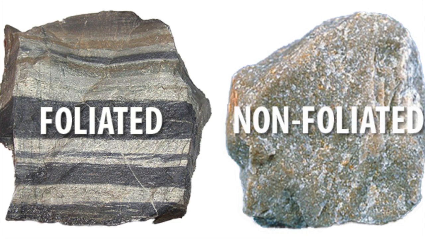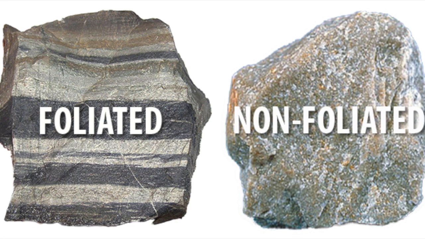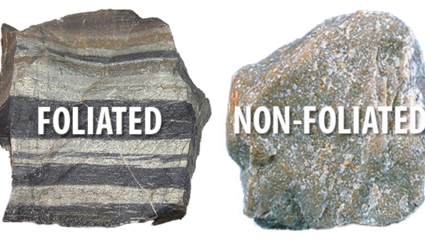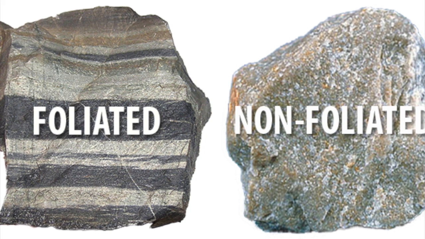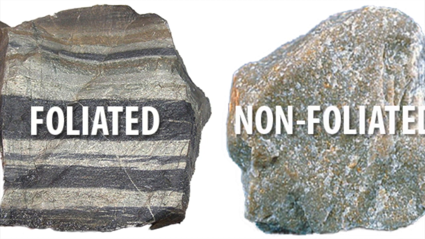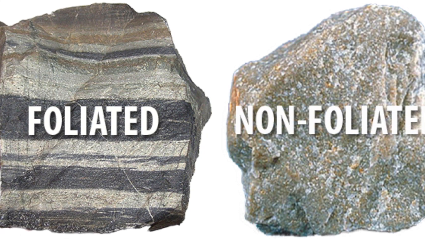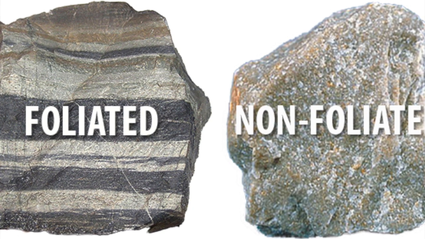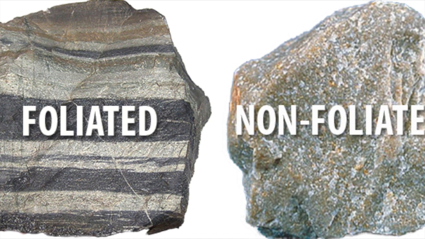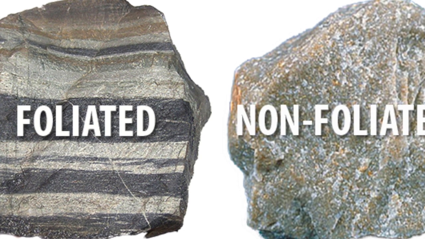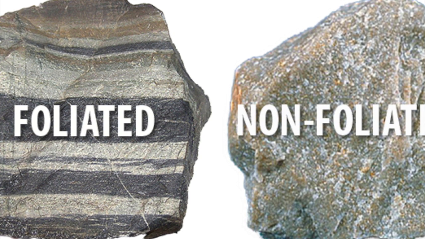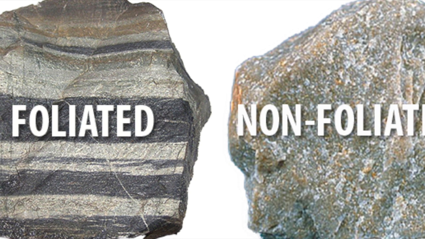Now it's time to talk about foliated metamorphic rocks versus non-foliated metamorphic rocks. There is a big difference for anybody that doesn't know. Some kinds of metamorphic rocks that are foliated will consist of granite, gneiss, and schist. These are strongly folded together or banded together, which is why we call them foliated metamorphic rocks.